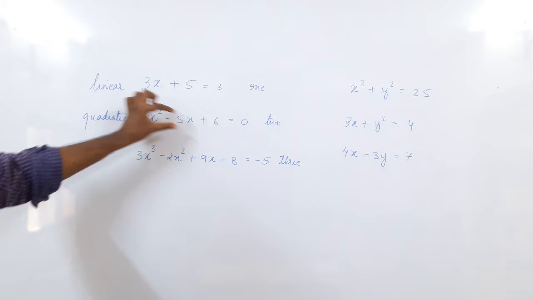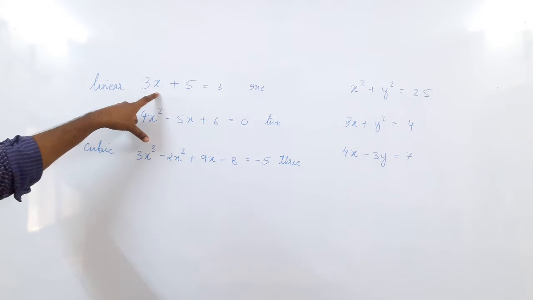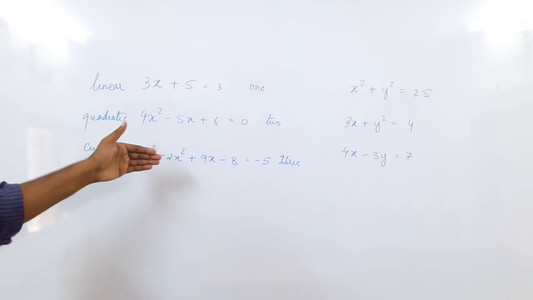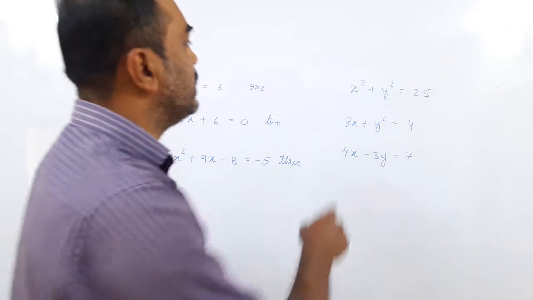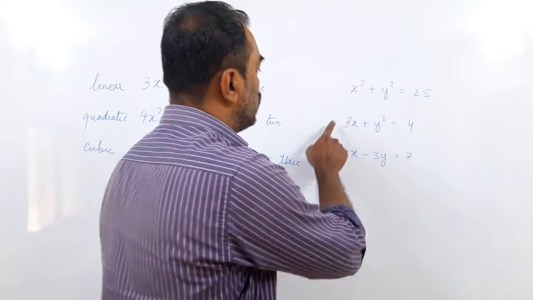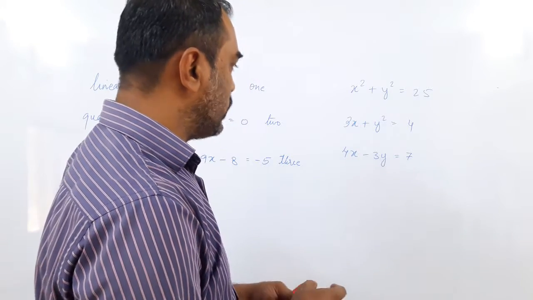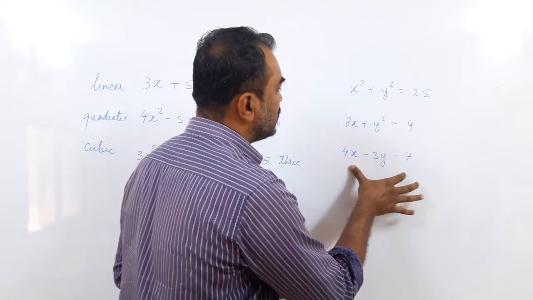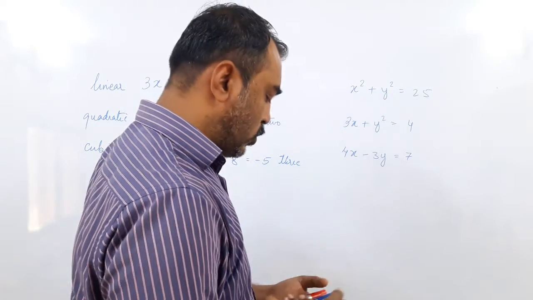So when you put the value of x, you get the answers and you will find the roots here. Here we have got two variables. How do you know there are two variables? x and y, they both are variables. Two variables mean that both can keep on changing. So you can see, I've got an equation here, an equation here, an equation here. But here also we have got roots of the equation.